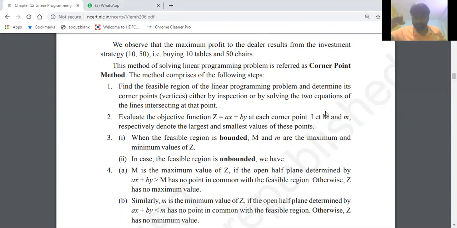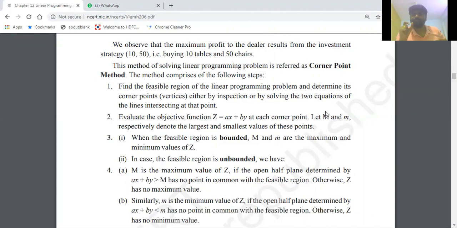Whatever graph is bounded there, whatever corner points are visible in that graph, those are the corner points which you take in the table. What are those? (0, 0), (20, 0), (10, 50), and (0, 60). These are the corner points. Among those corner points, at which point will we get the maximum profit, the maximum value? That point is the answer.